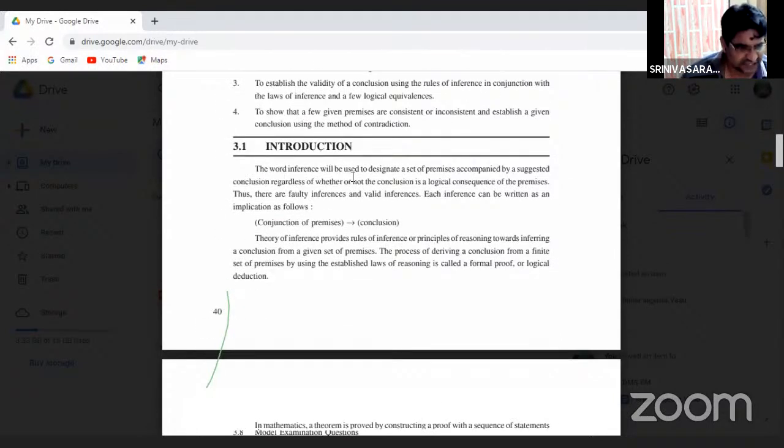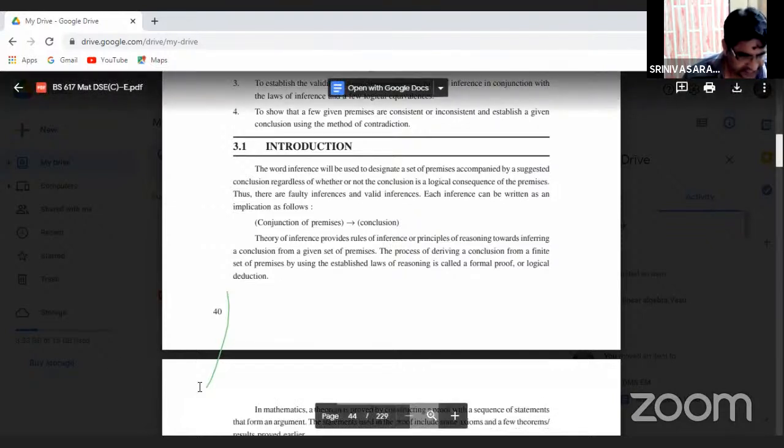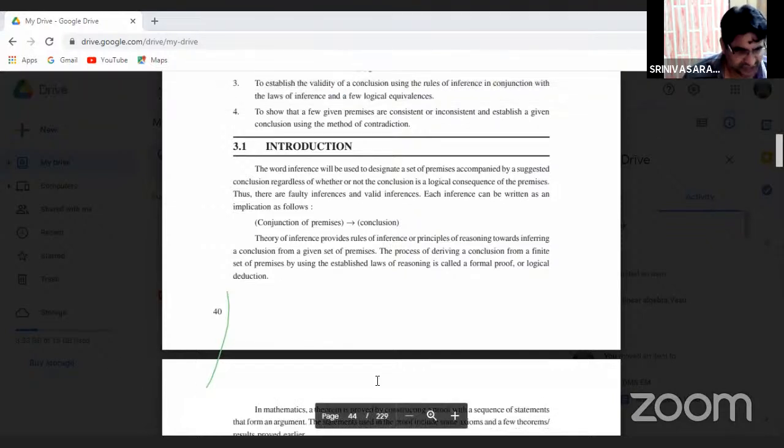The word inference will be used to designate a set of premises accompanied by a suggested conclusion, regardless of whether or not the conclusion is a logical consequence of the premises. Now there are faulty inferences and valid inferences. Each inference can be written as an implication. That is one of the important points. Just observe this one.